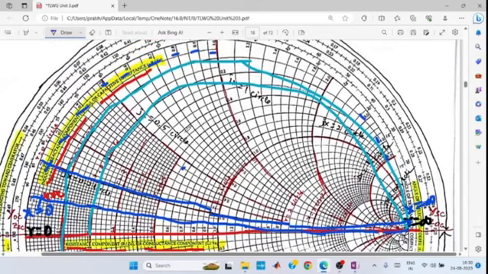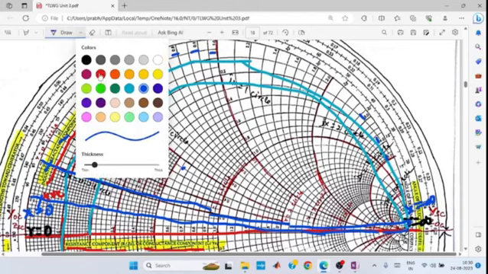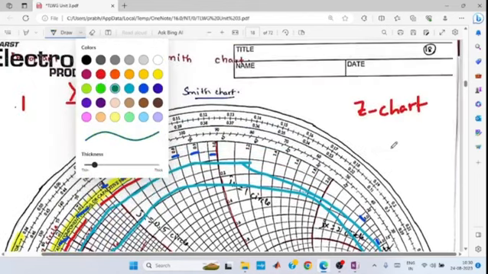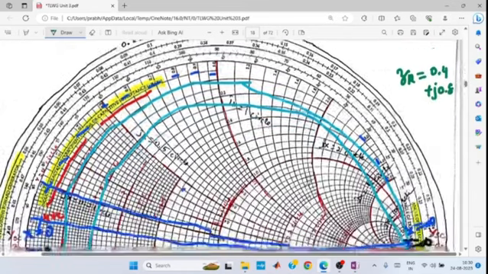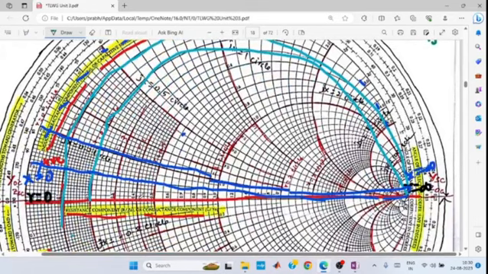I hope you know the meaning of it. So let me give some examples so that it is easy. If somebody asks you to plot the value small zr equal to 0.4 plus j0.8, what you have to do? 0.4 is the real value and 0.8 is the imaginary value. So you look at 0.4 and trace 0.8.